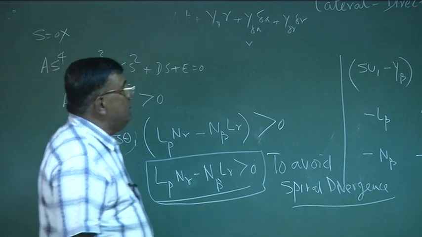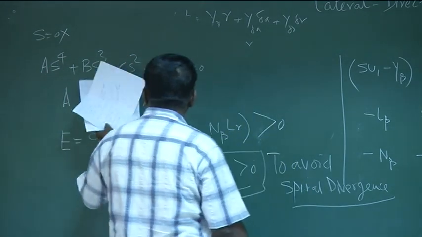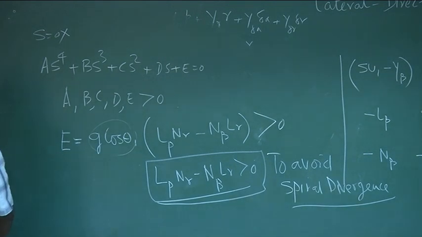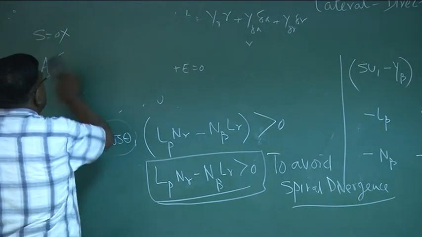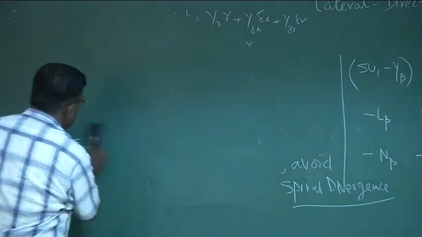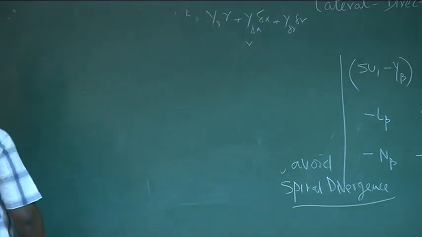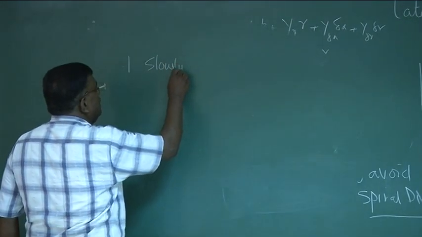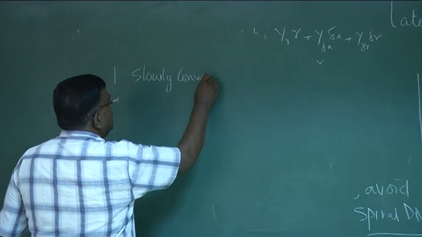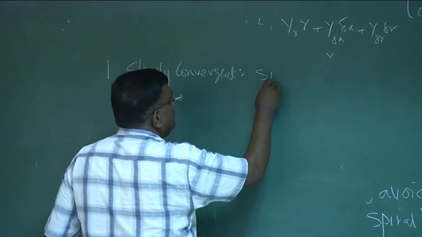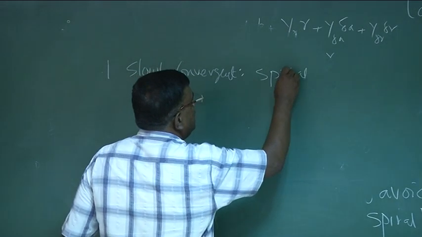Now, if we try to solve this equation in the lateral directional mode, you will find that for most airplanes there are three types of distinct roots. One is slowly convergent, which is what you call the spiral mode, which I explained to you.